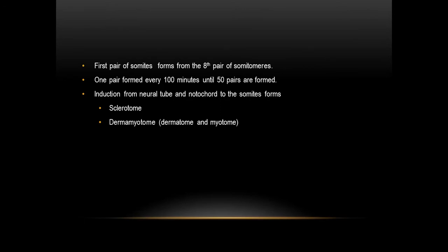Now, when inductive signals are produced by the notochord and the neural tube, the first portion of the somites that will respond are the ventromedial cells. These ventromedial cells comprise the sclerotome.